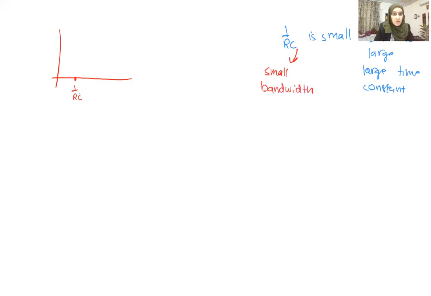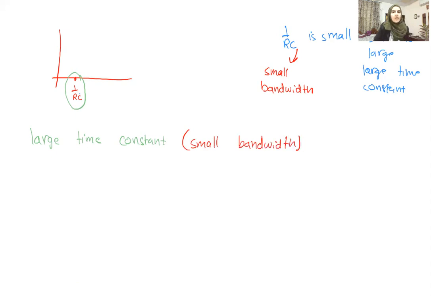Because the bandwidth here is 1 over RC. So if I have a small bandwidth, I will have a large time constant. And this makes my amplifier a slow amplifier.